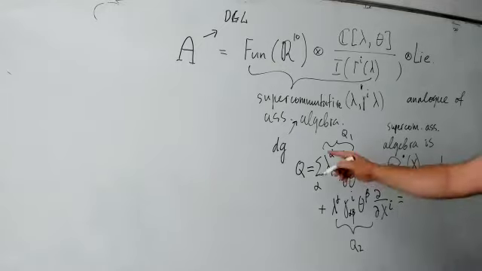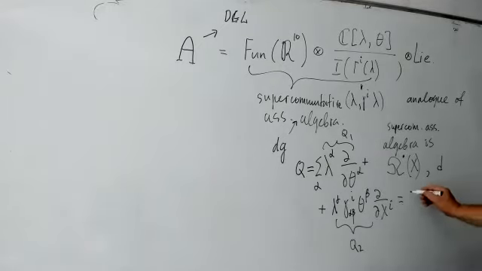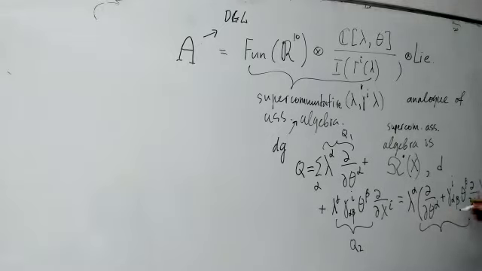Also, this Q has another form. I called these vector fields S tilde alpha.